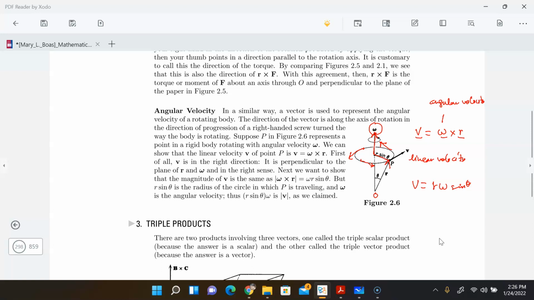If you want to get back to the usual formula that you have seen before, then you really want to project it down on this xy plane. Then sine theta will be sine pi over 2, and that will give you v equals r omega. So that gives you the circle down below.